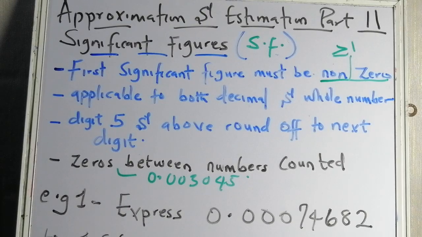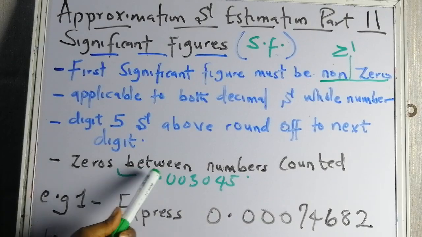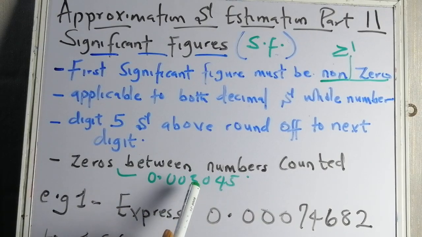From the law of significant figure, all these zeros, 0.00, you don't count because they are zeros. But the non-zero starts from 3. Now if you look at this very well, this 0 is between numbers. That's the meaning: 0 between numbers, between 3 and 4, so you need to count it.